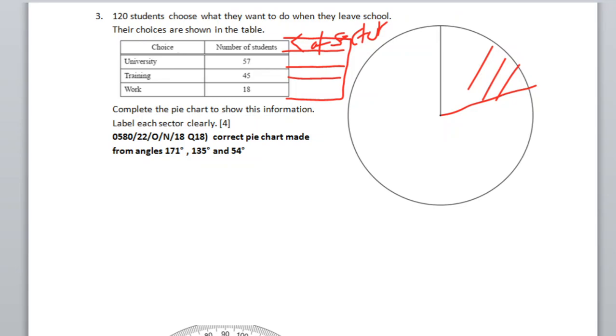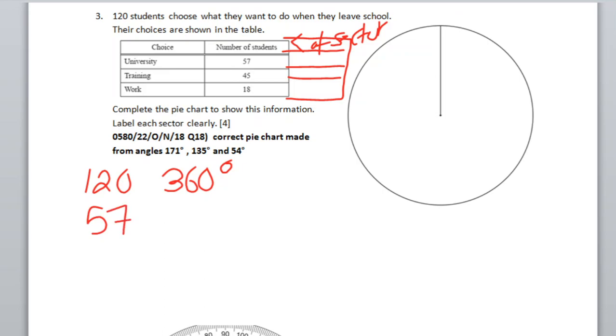Alright, so there are a total of 120 students, so we write 120 here, and what's the total angle in a pie chart? That is 360 degrees. Now university students are 57, so underneath 120 students write 57 students, and underneath 360 degrees write x degrees, because we have to find the angle associated to 57.